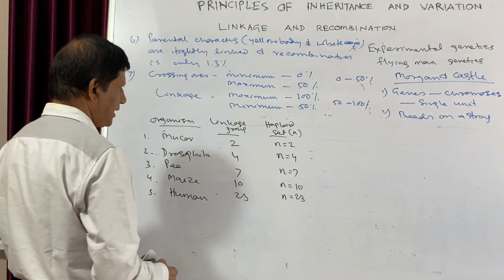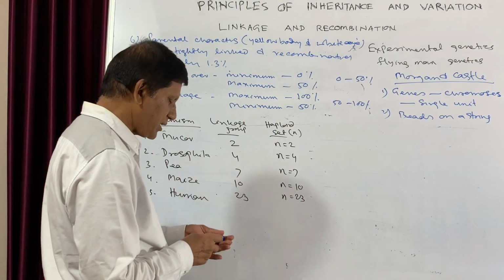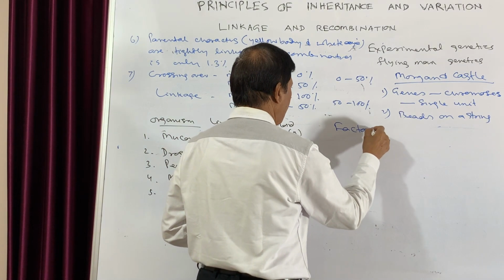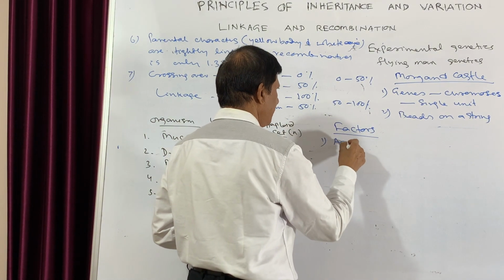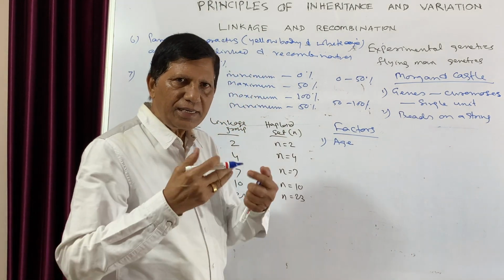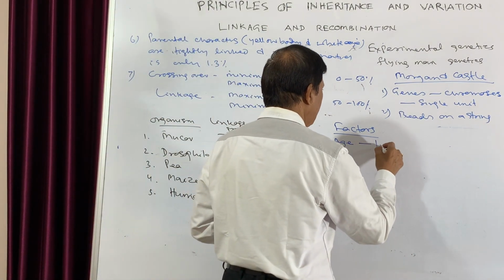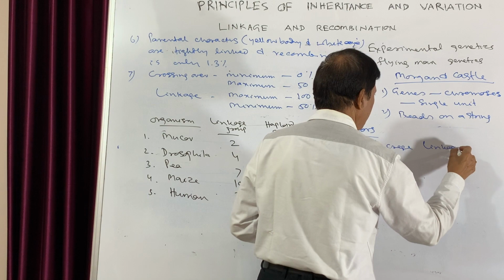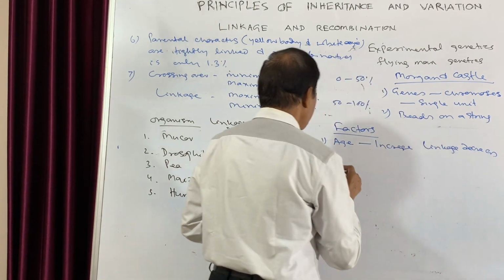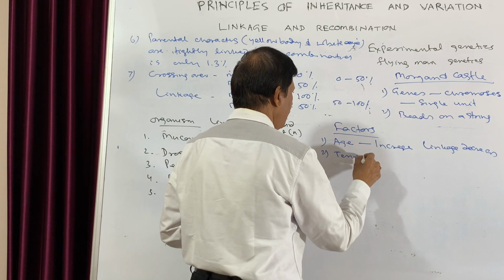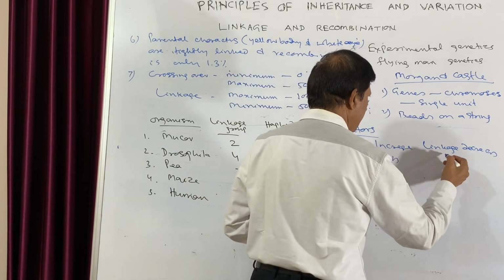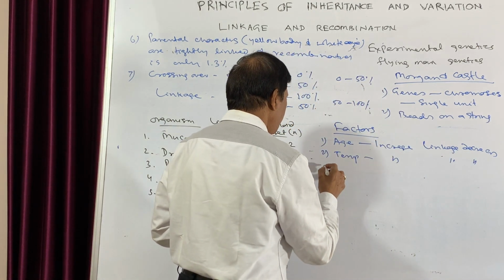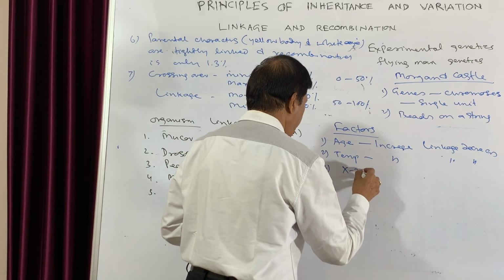Then the other thing that we will discuss is the factors which affect linkage. One factor is age. With the increase in age, usually linkage decreases. Similarly, temperature. With the increase in temperature, the linkage decreases. And the third one is X-ray.